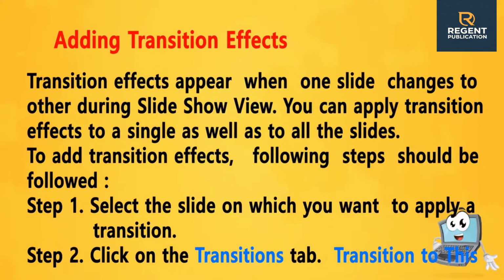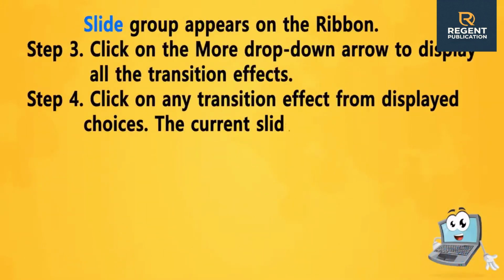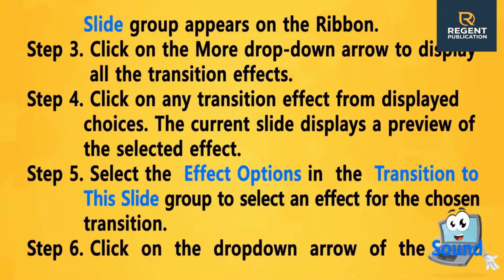Step 2. Click on the Transitions tab. The Transition to This Slide group appears on the ribbon. Step 3. Click on the More drop-down arrow to display all the transition effects. Step 4. Click on any transition effect from the displayed choices. The current slide displays a preview of the selected effect.